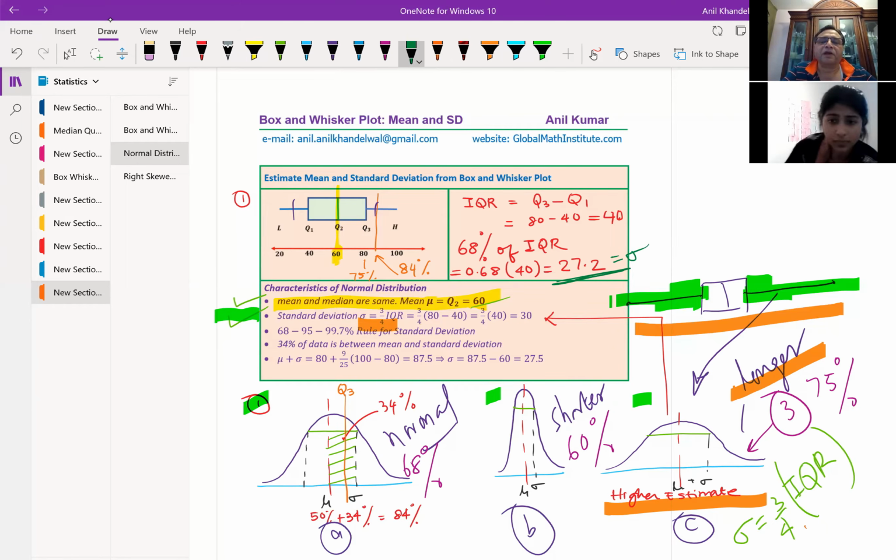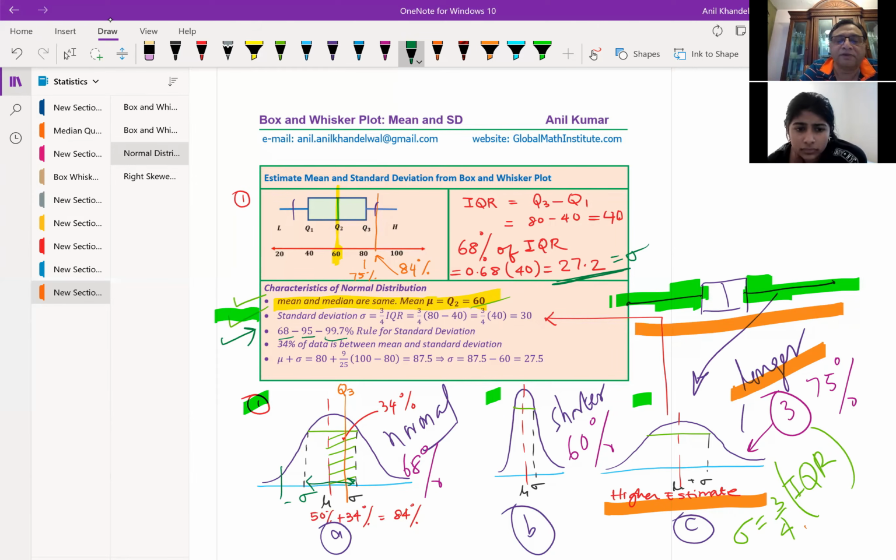Now, as you were saying correctly, we'll look into the rule. This brings us to the second strategy. For a normal graph, we understand that the 68, 95, 99.7% rule is there for standard deviation. 68% means that within one standard deviation, 68% of the data is there.